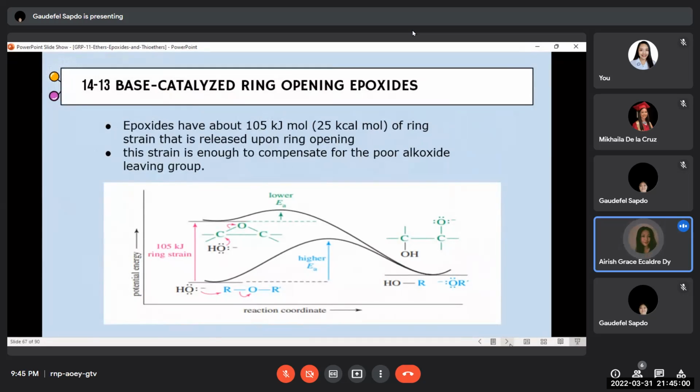This picture compares the energy profiles for nucleophilic attack on an ether and on an epoxide. The starting epoxide is about 105 kJ per mole higher in energy than the ether, and its displacement has a lower activation energy. Next slide, please.